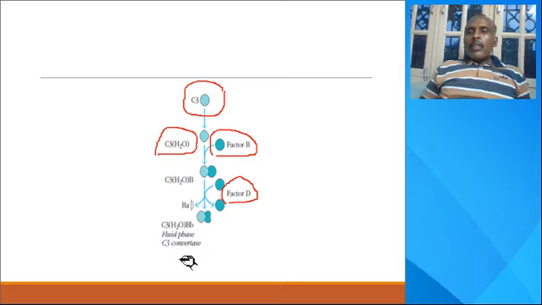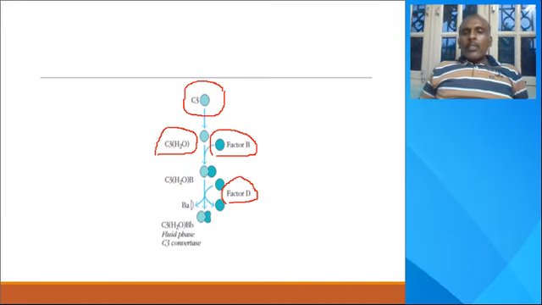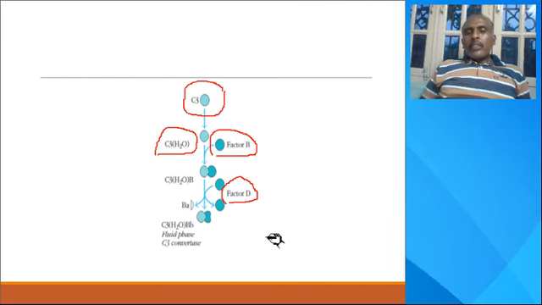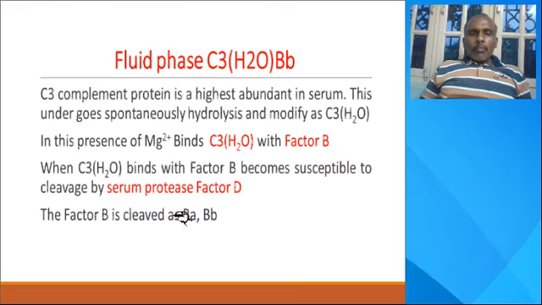It is one type of C3 convertase in the alternate pathway. It is rapidly degenerated, so before it degenerates, it converts C3 complement protein into C3b and C3a. This is the fluid phase C3 convertase formation.